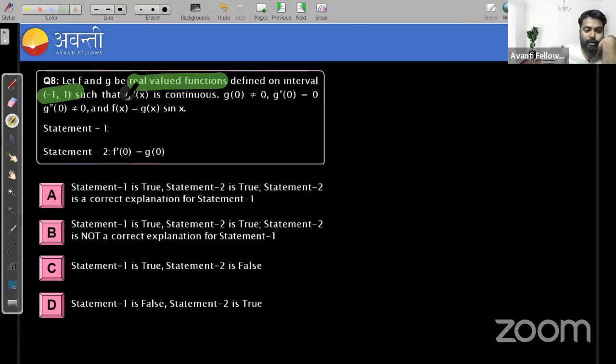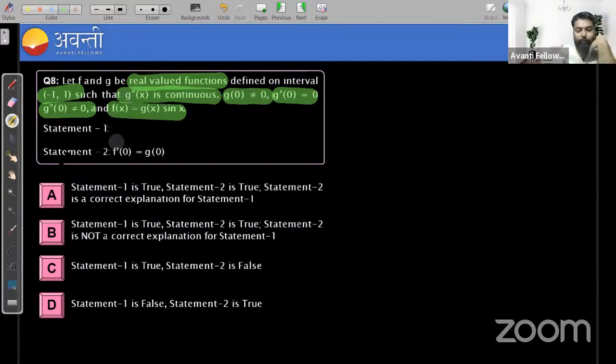So it is given that g double dash is continuous. g of 0 is not equal to 0. g dash of 0 is equal to 0. g double dash of 0 is not equal to 0. And f of x is equal to g of x into sine of x.